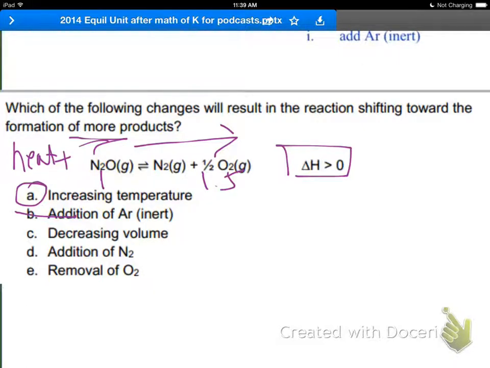If I decrease the volume, I increase the pressure, and in order to deal with more pressure, I need to go to lower pressure, or to the direction with fewer moles. If I add nitrogen, I am increasing my product. I am going to shift left, wrong direction. If I remove O2, I want to get it back, so I'm going to shift right towards product. Okay, hope that helped.